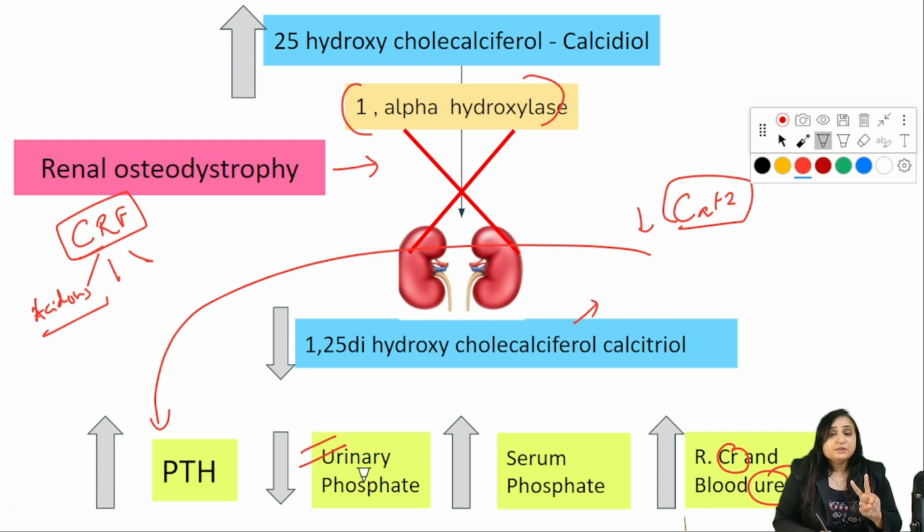But the difference between renal osteodystrophy and hypophosphatemic rickets is that renal osteodystrophy will have an increased PTH, while hypophosphatemic rickets will have a normal PTH. Here the serum phosphate level is on the higher side, while in hypophosphatemic rickets it is on the lower side, and we'll have all the other signs of renal failure.